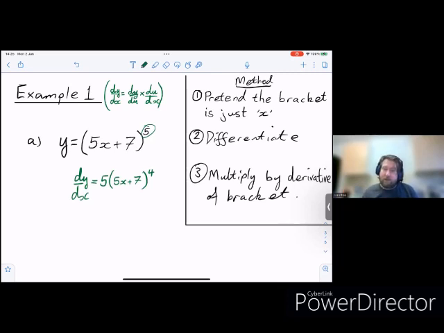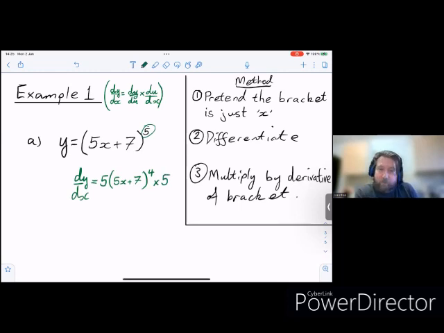And then step 3, we've got to multiply by the derivative of the contents of the bracket. So we write a multiply afterwards, and we look inside the bracket and differentiate 5x plus 7. If I differentiate 5x plus 7, I'm left with 5, so I need to multiply by 5.